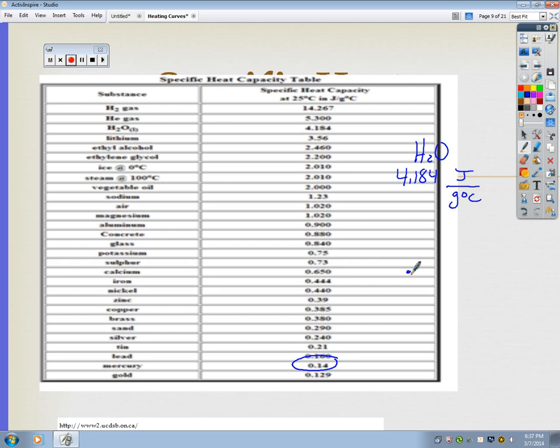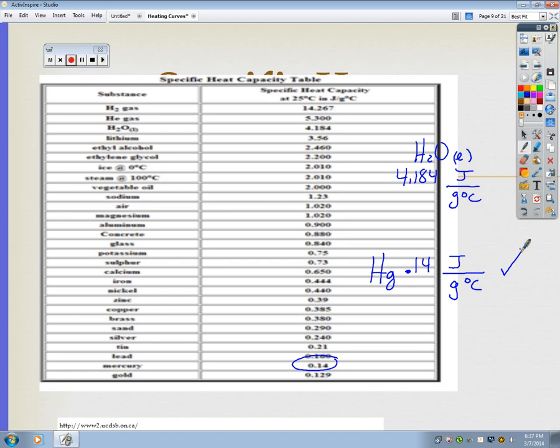And mercury's 0.14 joules per gram degree Celsius. For every gram of mercury, it's way easier to heat it up. So why do we used to use mercury, and sometimes if you still have an old thermometer, why do we use mercury in a thermometer? Because it's easy to heat up.